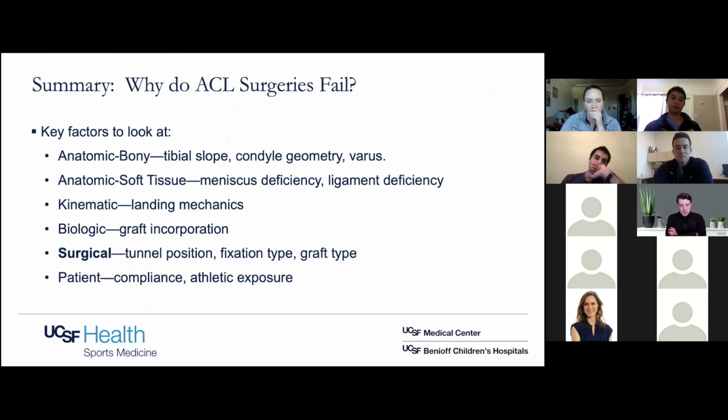Remember the meniscus deficiency, other ligaments, particularly the posterolateral corner. I think some of the kinematics of what they do is important. You've got to understand graft incorporation to some degree, and some of the future might be some biologics to help with that. Of course, the surgical side of it is probably key, and then obviously the patient side. So all of those things add up.